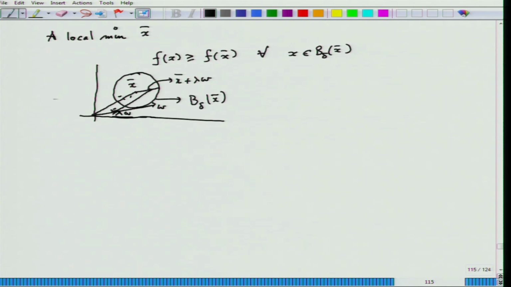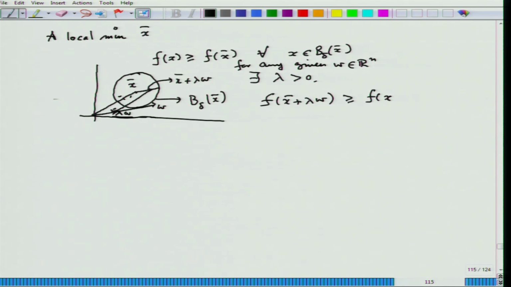When we add them, x bar plus lambda w, I get a point here which is inside the ball. So, there exists lambda greater than 0, for any given w, such that f of x bar plus lambda w is bigger than f of x bar.